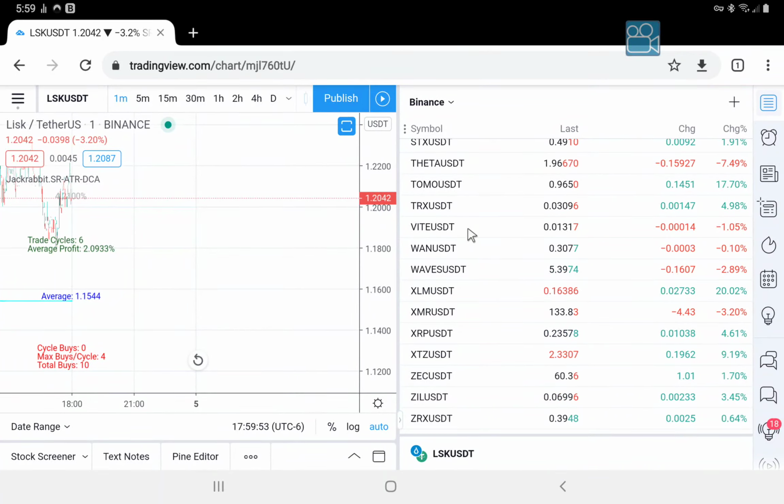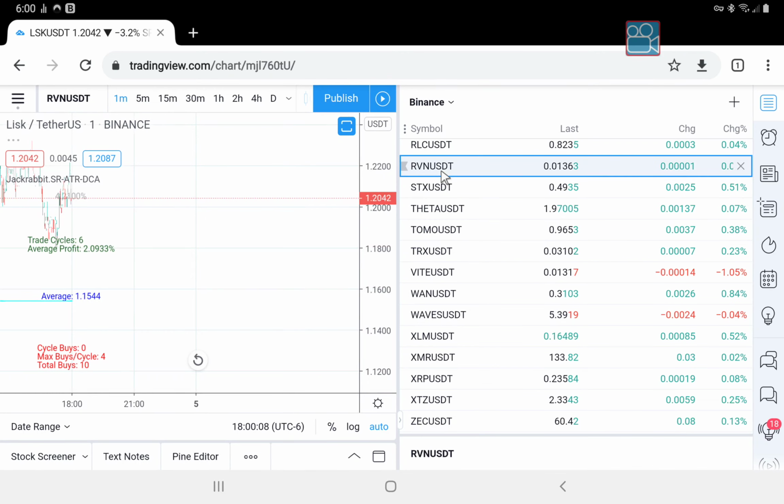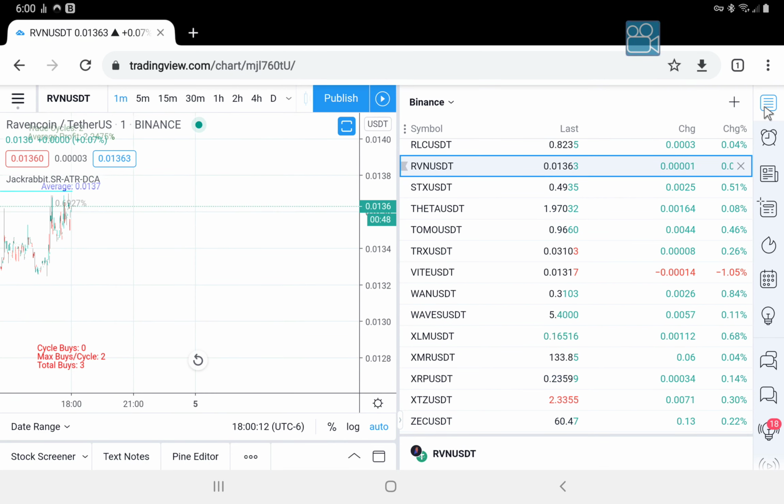Let's pick another one that is, well, not the greatest quality. A very difficult coin to work with. And quite frankly, I don't like working with it at all. Because simulations have shown this coin needed $30,000 or $40,000 to turn it around.